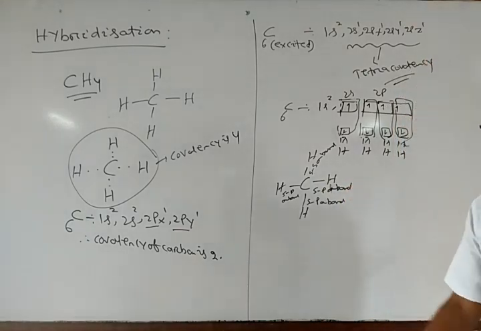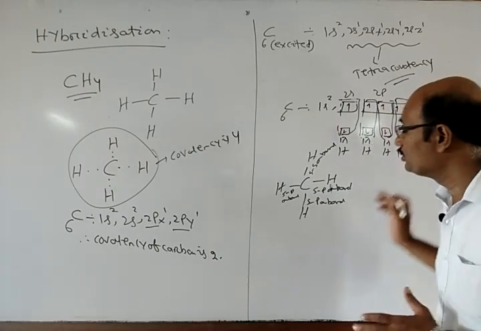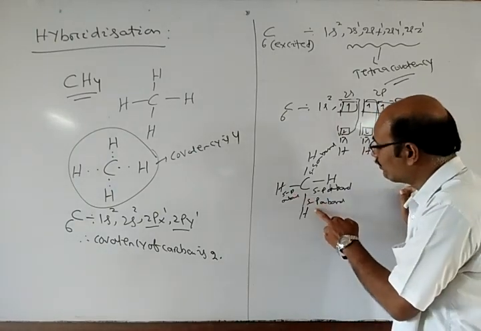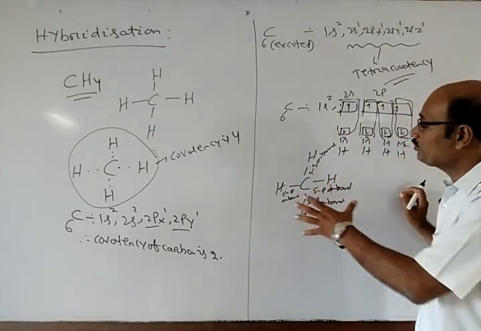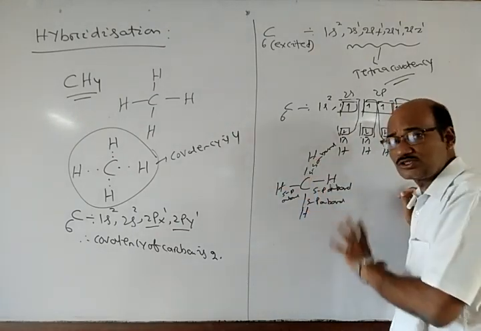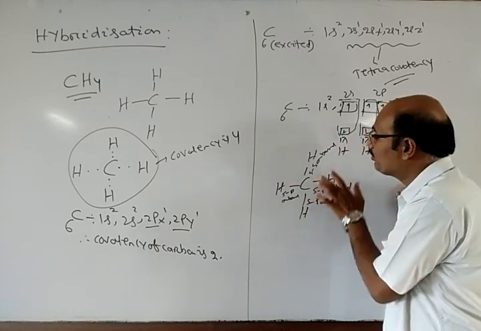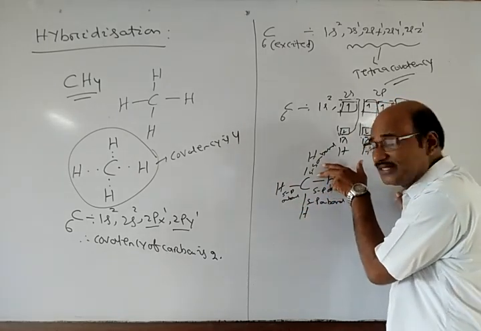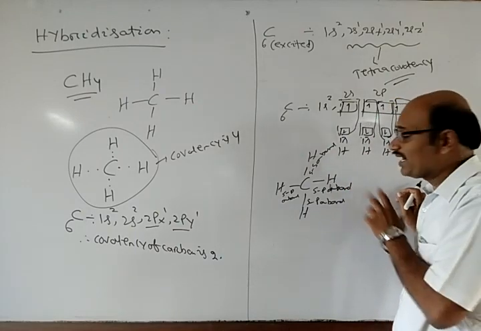That means here you see the nature of bonding. The nature of bonding is sp, sp, sp, but here it is ss. So out of these 4 CH bonds, 3 CH bonds are of a similar kind, but another one is different, that is the ss.